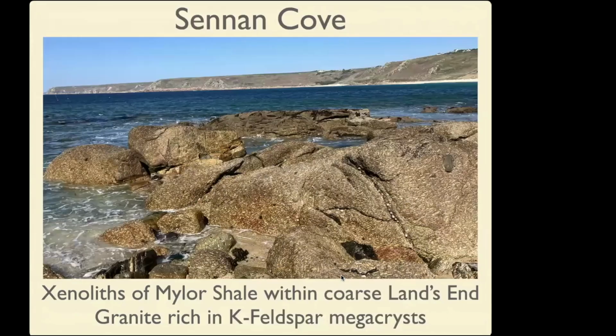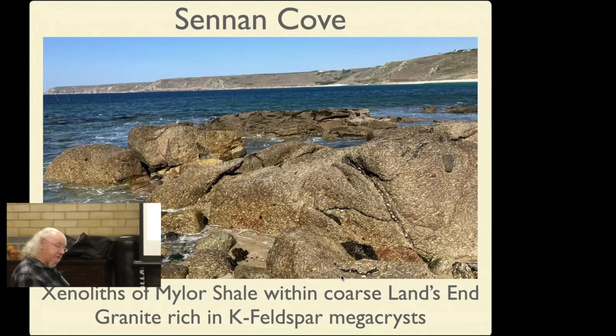The other thing you see, so this is Senon Cove. Yes, that is a megacrystic granite, and it's got an awful lot of them. But if you look closely at the boulders, what you see, like up here, is this.